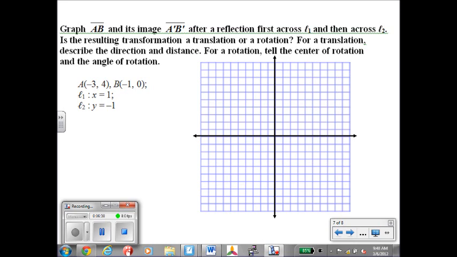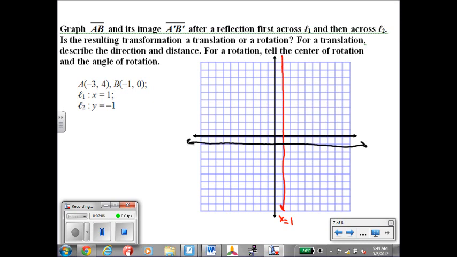All right, so now if you look at this, x equals 1 is going to be a vertical line right there. And y equals -1 is going to be right here.